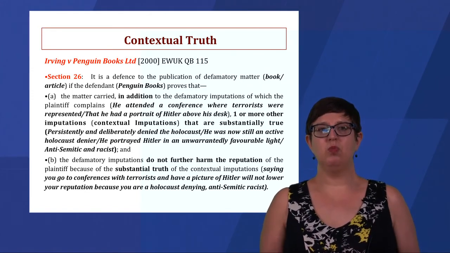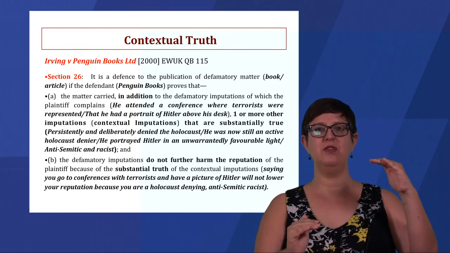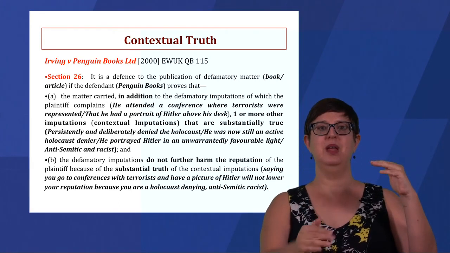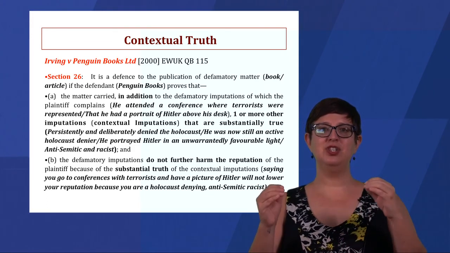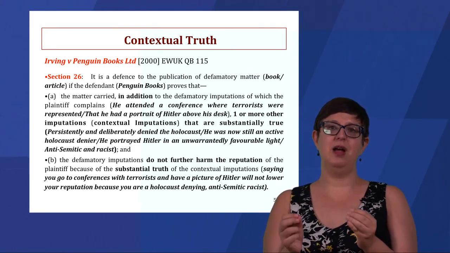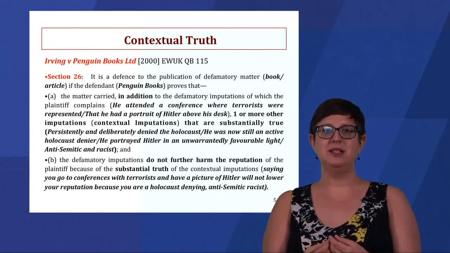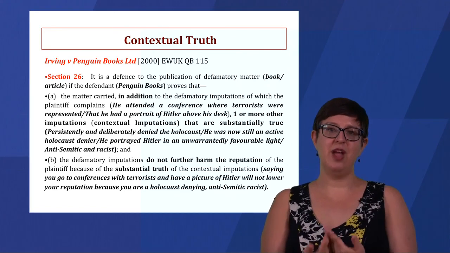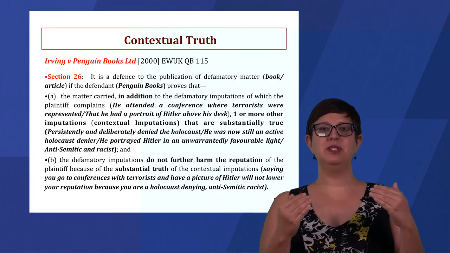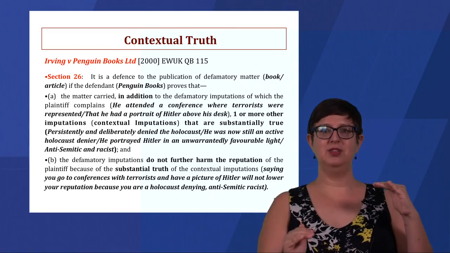So was it worse? Did it reduce Irving's reputation lower to say he went to a conference with terrorists and had a portrait of Hitler than to say he was an active Holocaust denier, an anti-Semitic racist who portrayed Hitler in unwarrantably favourable ways? The court said no, it didn't take his reputation lower.